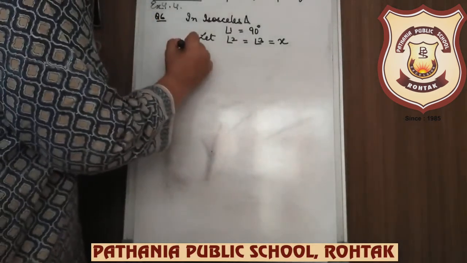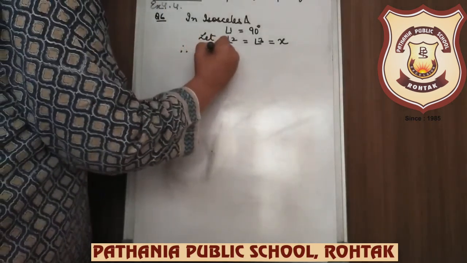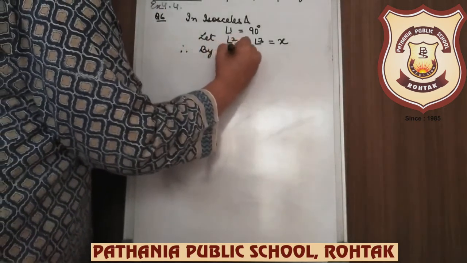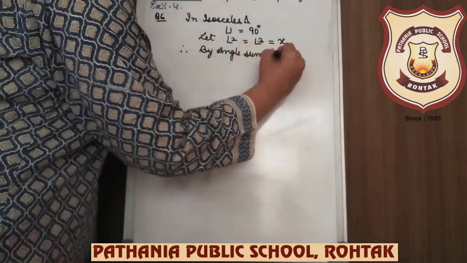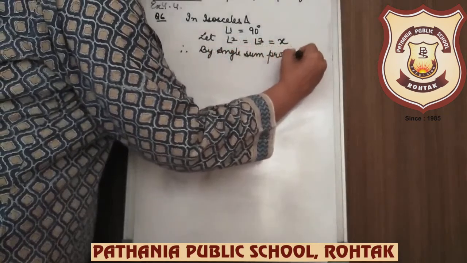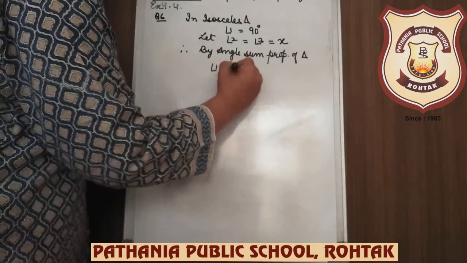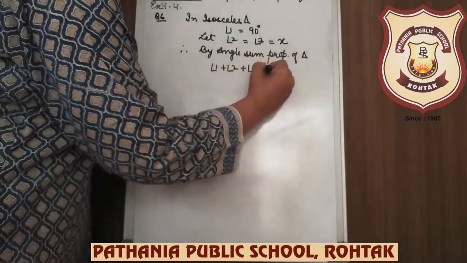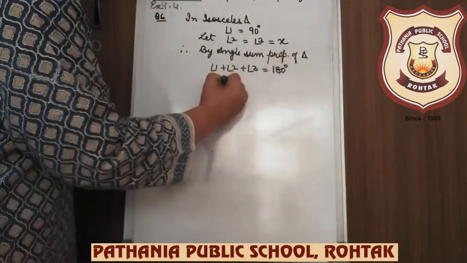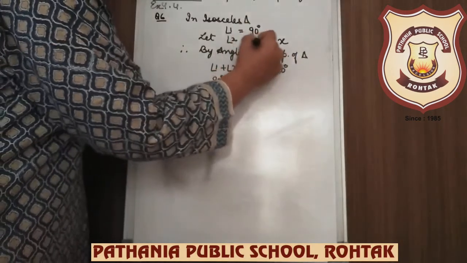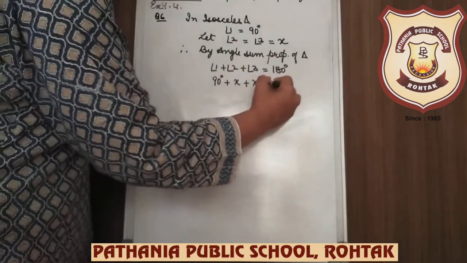So therefore, by the angle sum property of a triangle, angle 1 plus angle 2 plus angle 3 is equal to 180 degree. Angle 1 is equal to 90 degree. Angle 2 and 3 are equal and each is equal to x. So you have put the value.